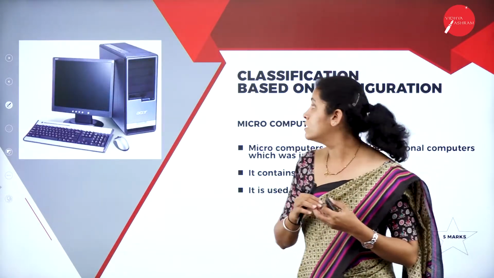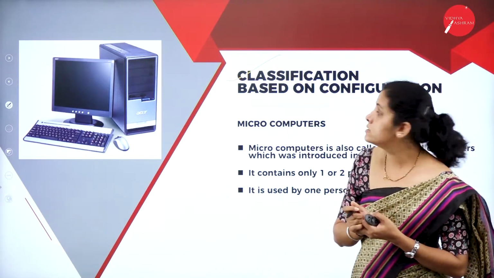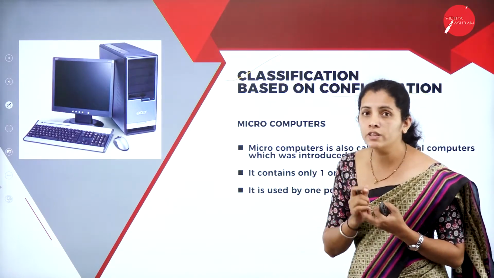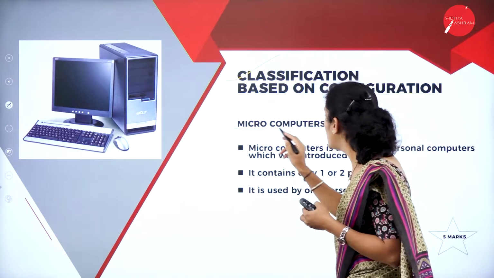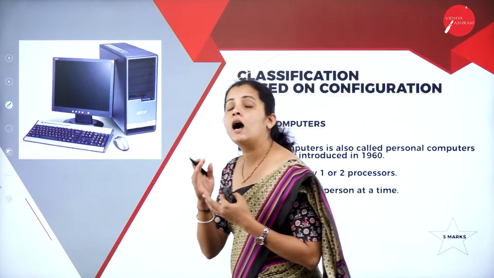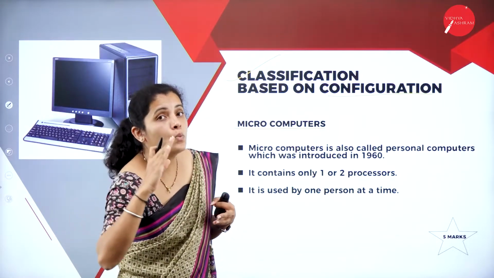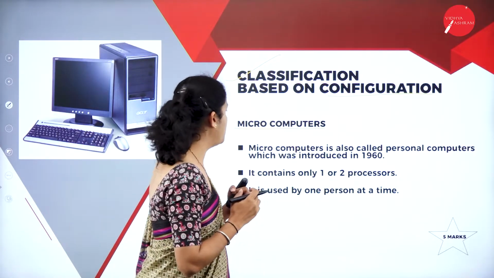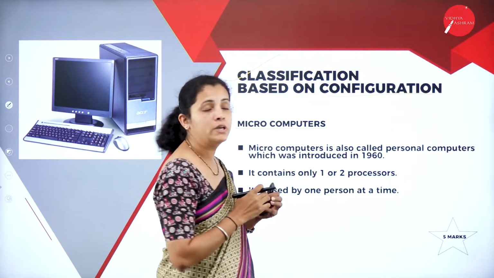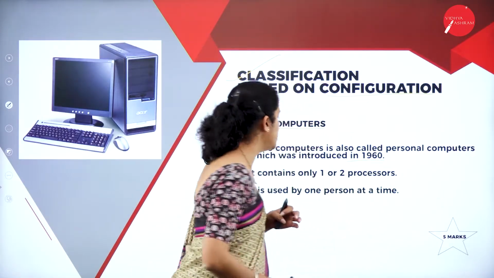Moving further, we are going to have the classification of computer system based on configuration. Based on the configuration, we are going to have the microcomputer. Microcomputers are the most widely used computers, also called personal computers, introduced in the year 1960.